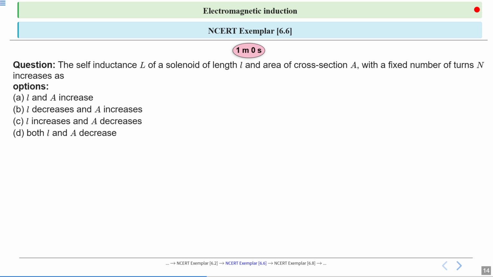Okay, so this self-inductance will increase when? Options are: when L and A both increase, when L decreases and A increases, when L increases and A decreases, when both L and A decrease. I will give you some time to think about it.